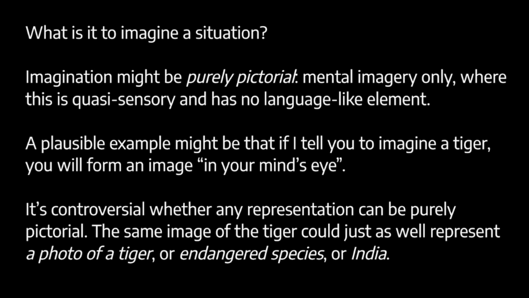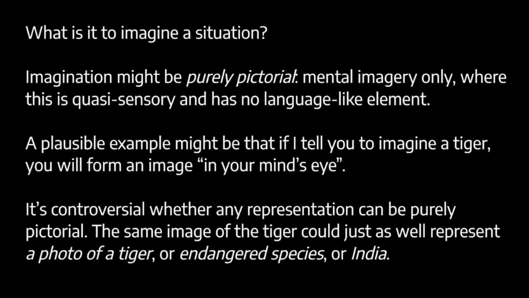Precisely the same arrangement of qualitative features could just as well represent a photograph of a tiger, or an endangered animal, or a country, or a person's anger, right? Or pretty much anything else. So without some linguistic element, without some labeling element, you're just not going to be able to imagine anything in particular.